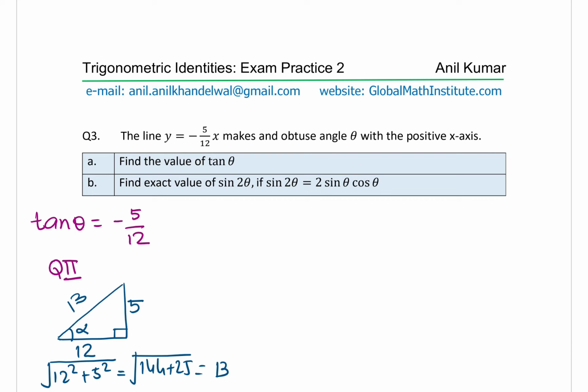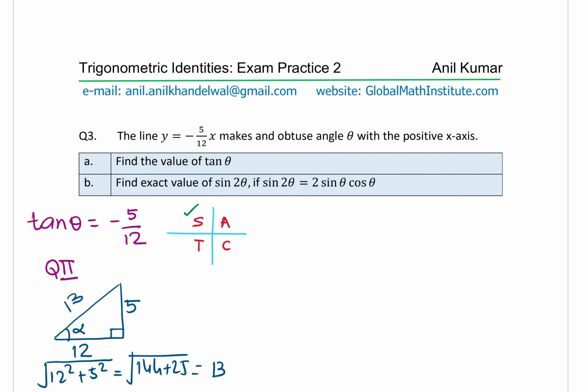Now, as we are in quadrant 2, let's get back to our quadrants. We know the CAST rule. We are actually working in quadrant 2, so sine has to be positive, correct?